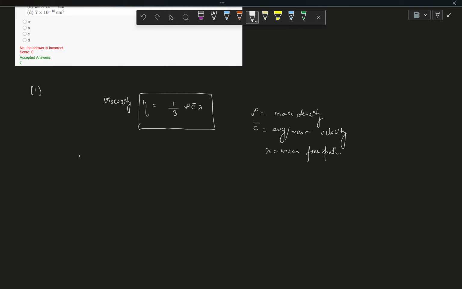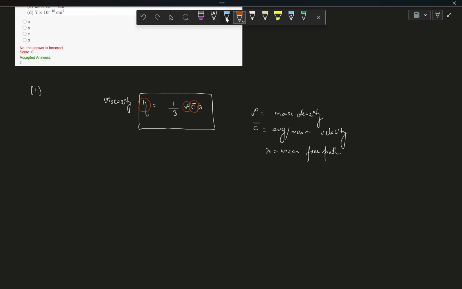Okay, so basically now we can already look at the formula. If I just mark them accordingly, you have the information about rho present in your question, you have c bar also given in the question, and lambda is something that you have to calculate, but eta you already know from the question.